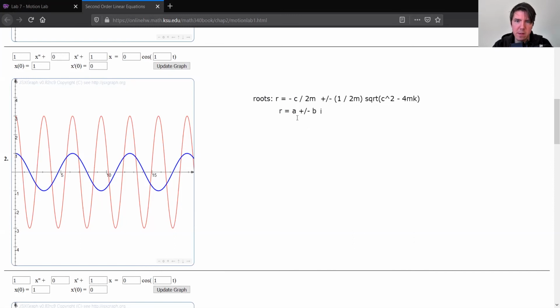Let's assume that it was such that we ended up with an i. So we'll assume that c squared minus 4mk is less than 0. That way we get an i here. So in that case, what we ended up with was C1 e to the a t times cosine of b t, and then plus C2, same thing with sine: e to the a t times sine of b t.